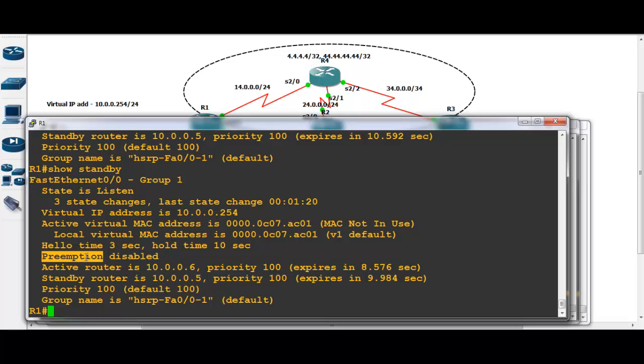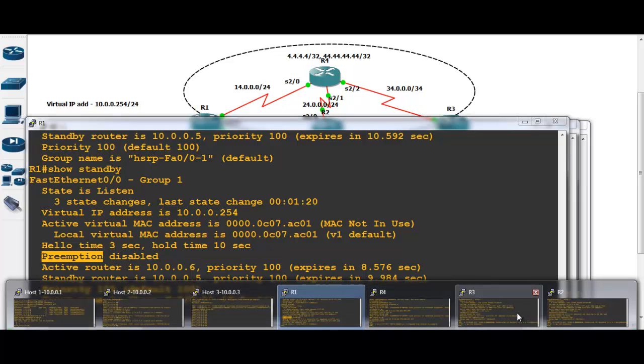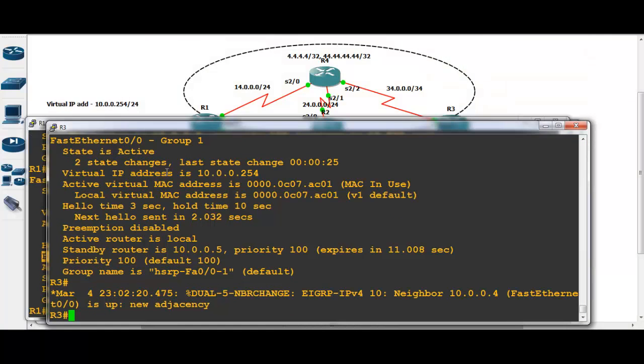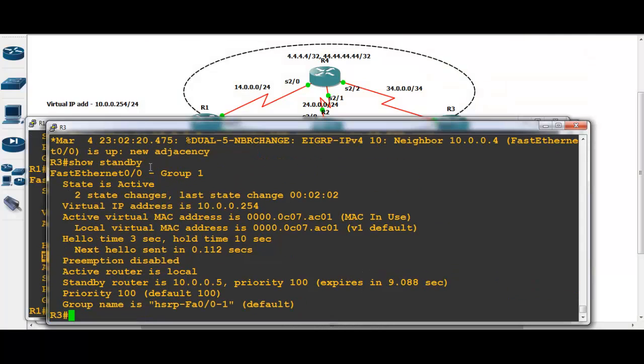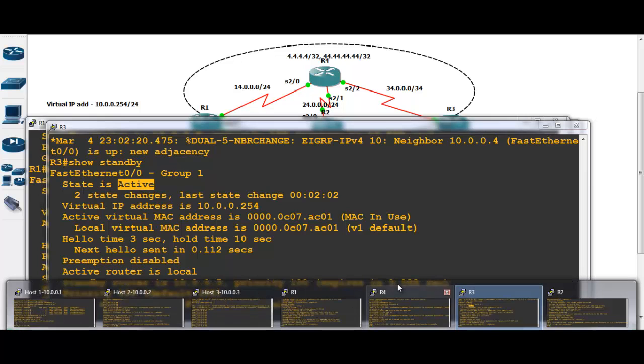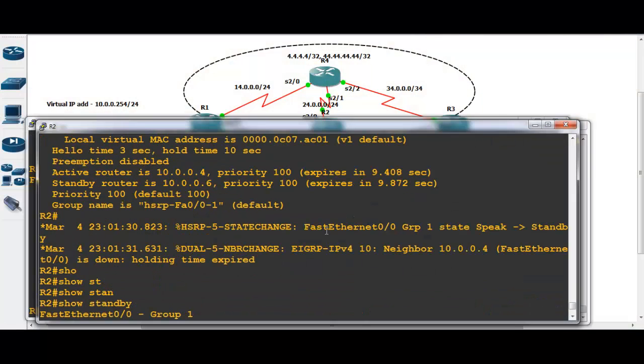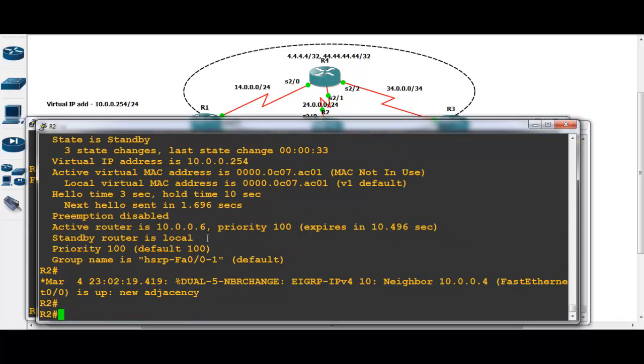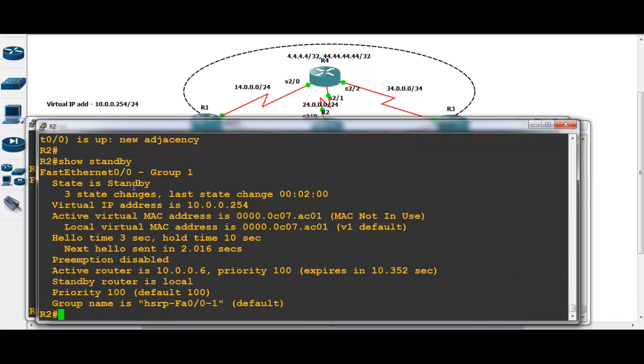I'll also enable preemption so that R1 will become active and R3 will become standby. Right now R3 is the active device. R3 will become standby and R2, which is in standby right now, will go from standby to listening.